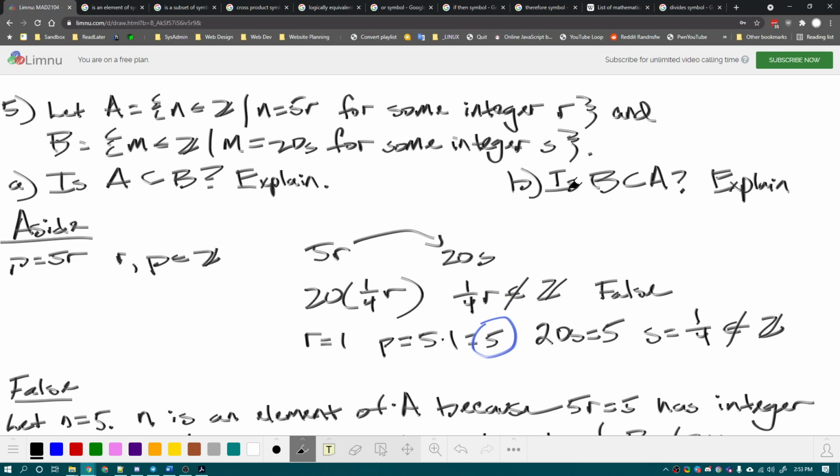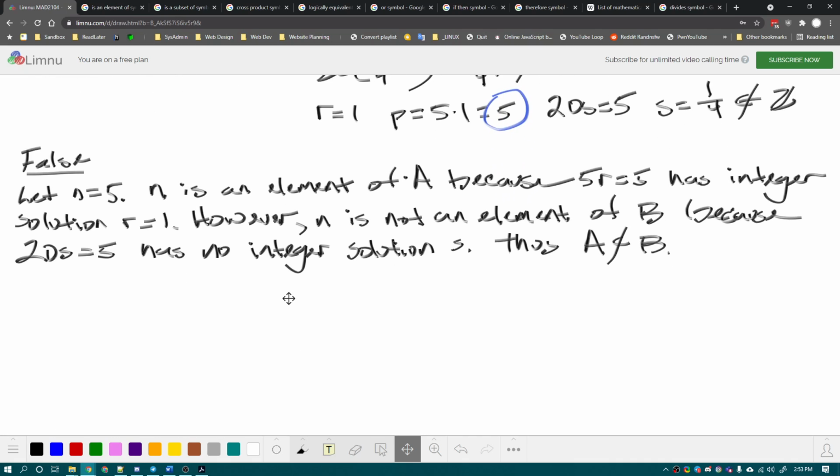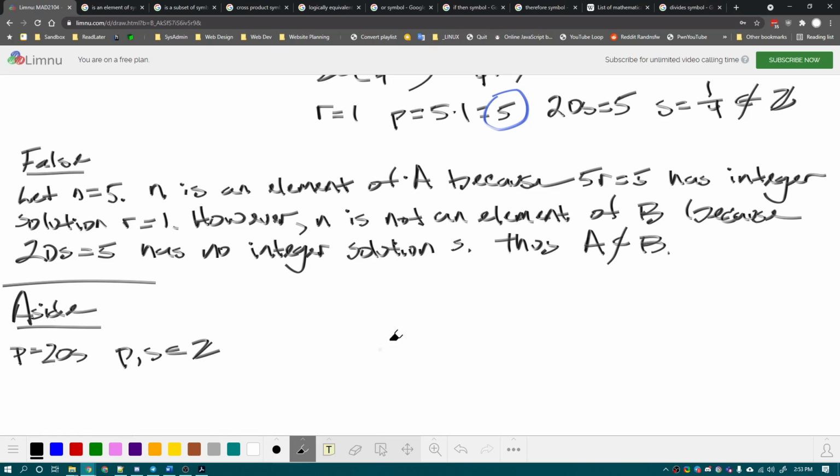And so the second part of the problem is just switching the order. We're now asking if B is a proper subset of A. All right. So again, I start with my aside. I claim that P is equal to 20s, where P and s are both integers.